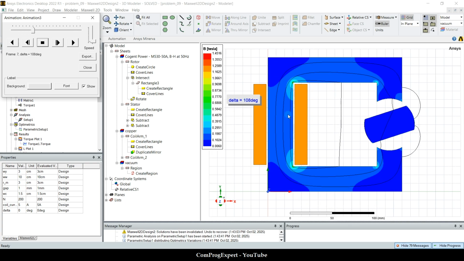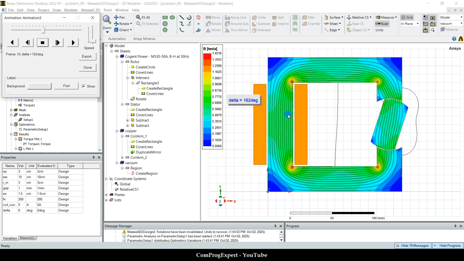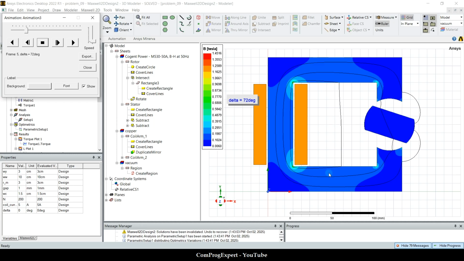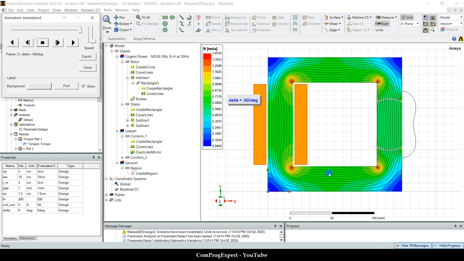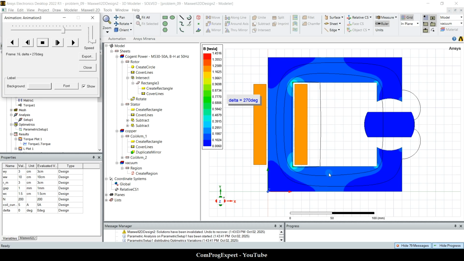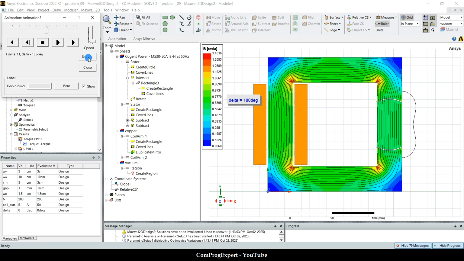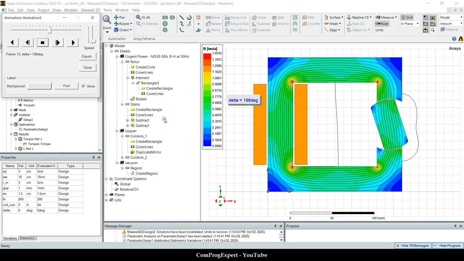So as you can see here, when we change the rotor position, rotor angle, we have change in the value of the reluctance, change in the value of the flux lines, and in this case we have reluctance torque. Perfect software, you can generate this kind of animations. Okay, you can even export this animation in different formats.